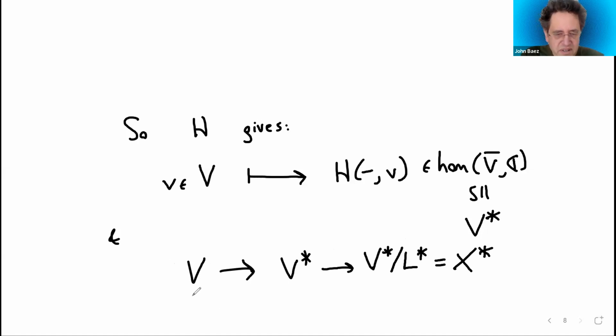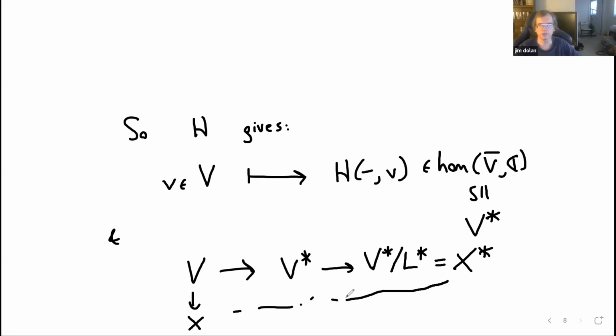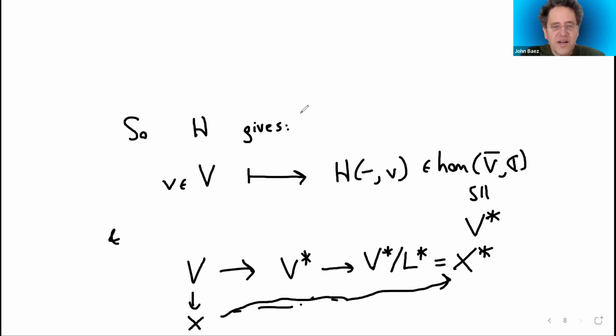So we're hoping that this map from V to the dual torus actually factors through here. To check that, we just have to check that the guys who are actually in the lattice here get sent to the identity element here.